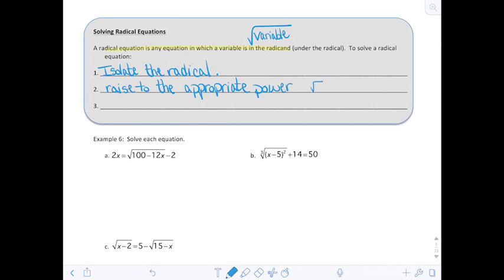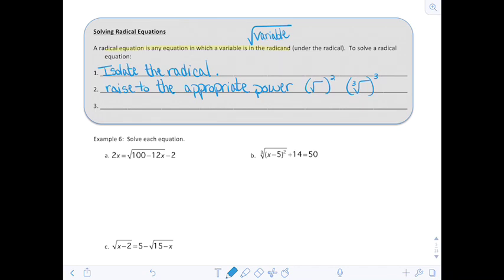So, for example, if you were taking a square root, you'd raise to the 2nd power. If you were taking a cube root, you'd raise to the 3rd power, so that we would undo and get rid of that radical so that we could get to the variables underneath.